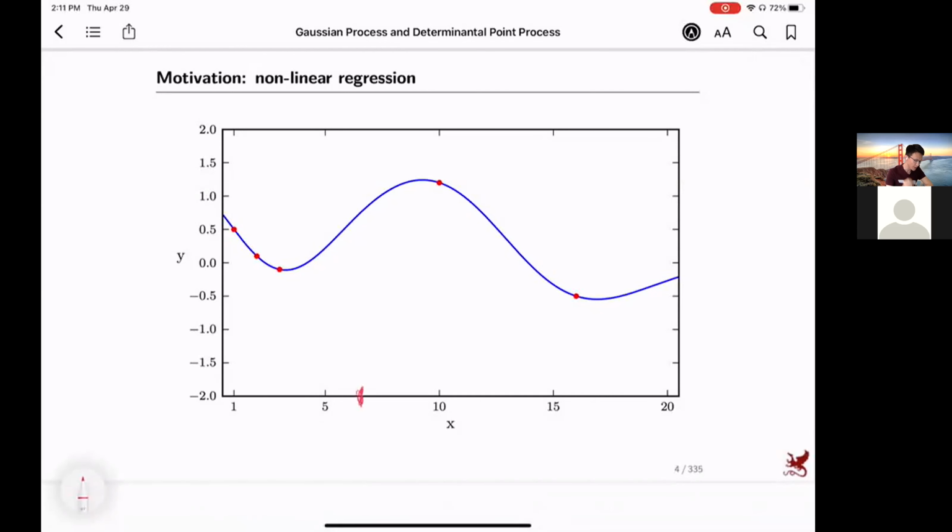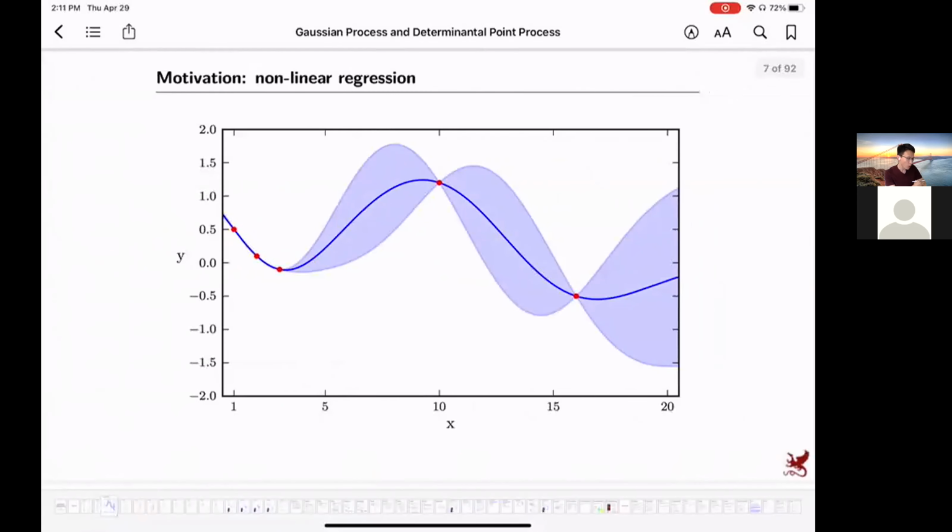Probably I ask you, what is the y value corresponding to this x value? I can just check my curve, and then I see, okay, the prediction is right there. What's more than that is that we can actually come up with a confidence score for this simple prediction problem. In this case, not only do we fit a curve there, but I also have an interval associated with each point on the curve.